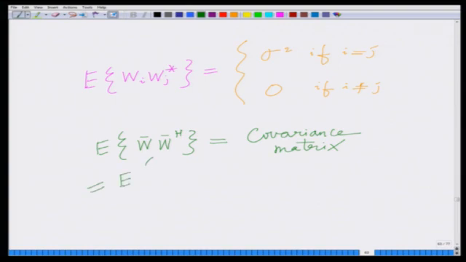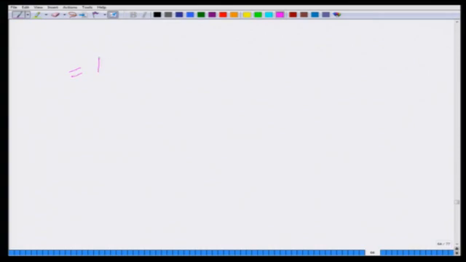It is equal to the expected value of W1, W2, ..., WR times W1 conjugate, W2 conjugate, ..., WR conjugate, and if I expand this, this is an R cross R matrix.